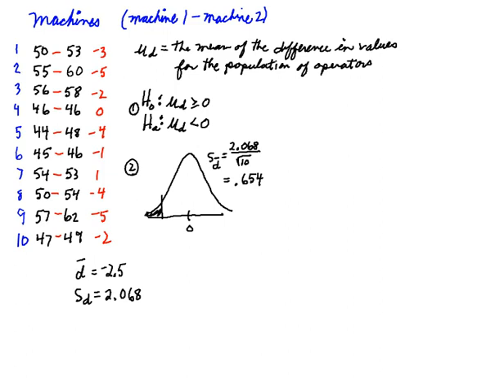It's a t-distribution, so with 9 degrees of freedom, that's n subtract 1, so it's 10 subtract 1. And my alpha value in a one-tail test is 0.05. So getting my t critical value from the table, I get a negative 1.833 that's associated there with my decision line.